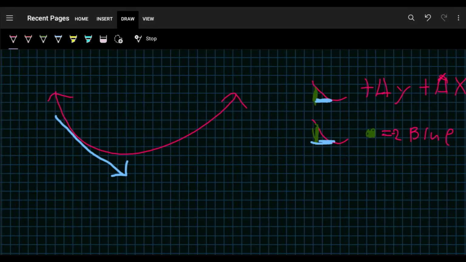And the final step, where we take the limit as delta x approaches 0, all we're doing is taking the same parabola but going from these very large changes in x and y and making them super small, like that.